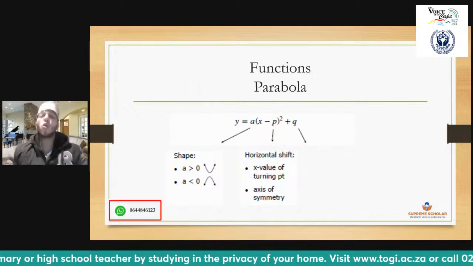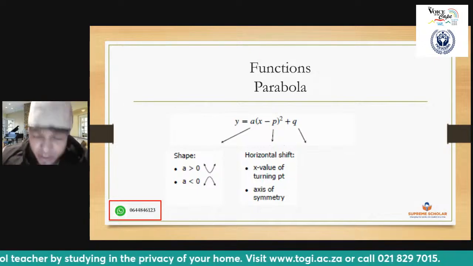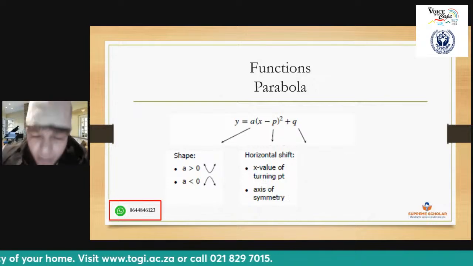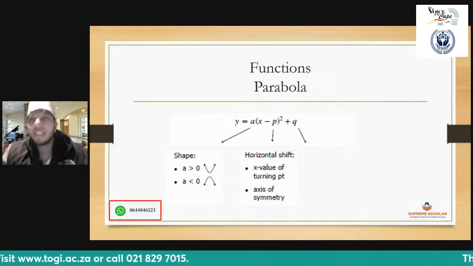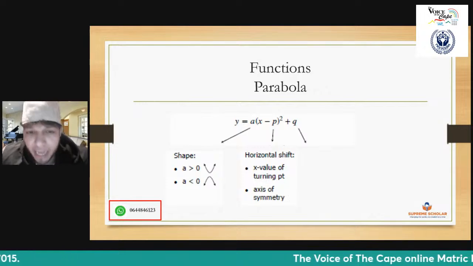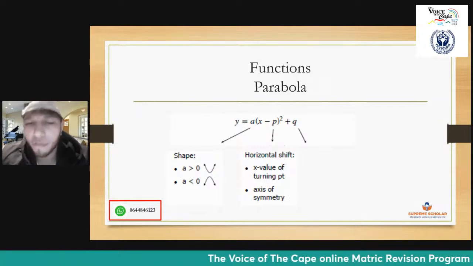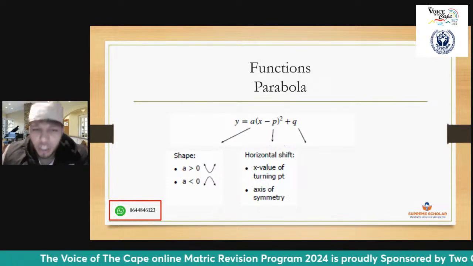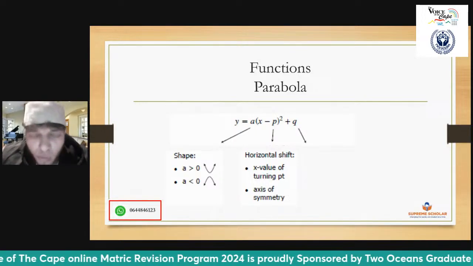It's also known as the axis of symmetry. So if they ask you what is the equation of the axis of symmetry, let's say you have y = 2(x − 4)². Then the equation of the axis of symmetry will be x = 4.